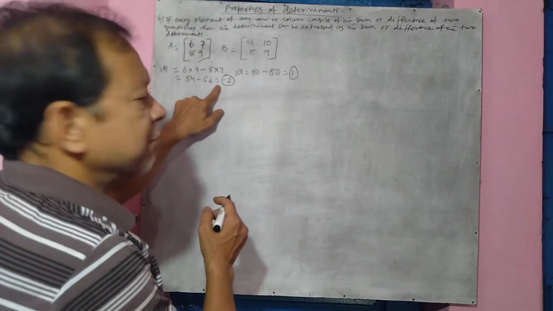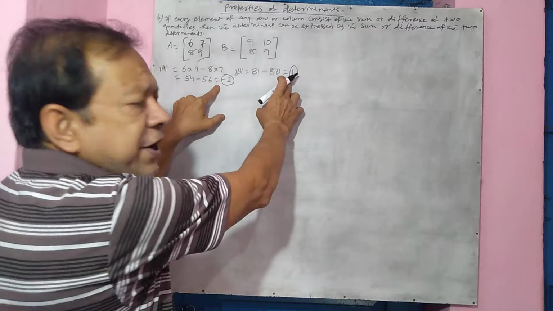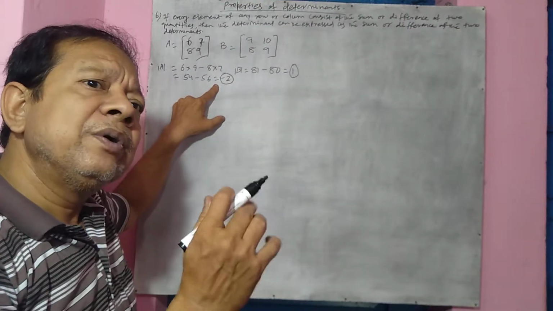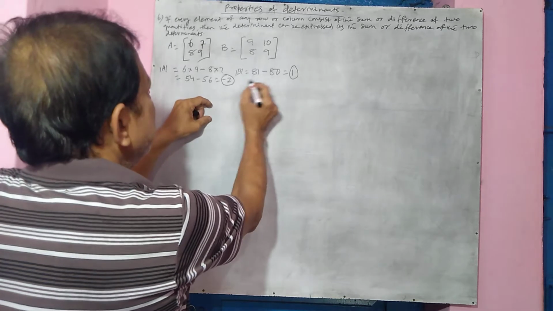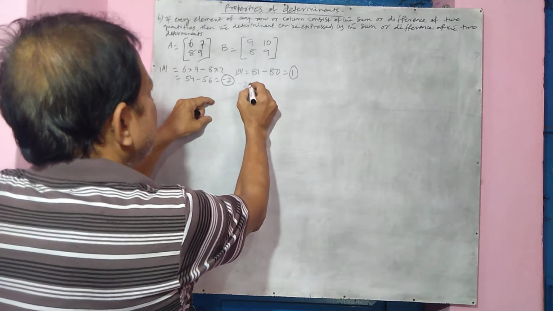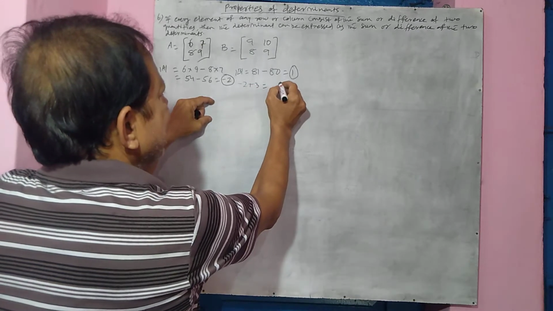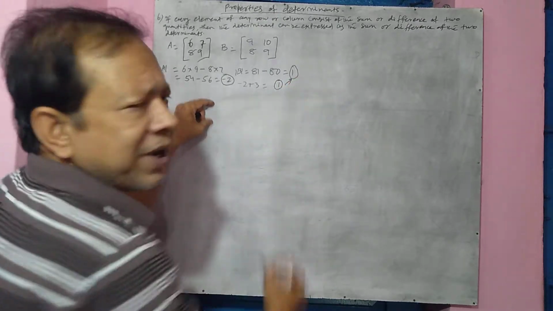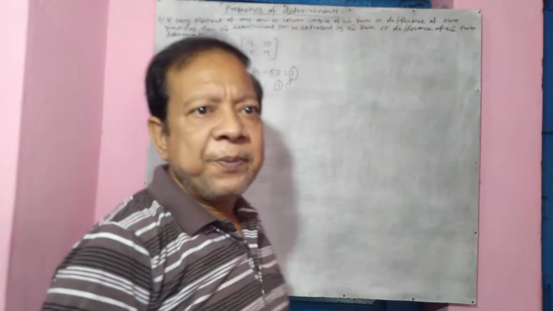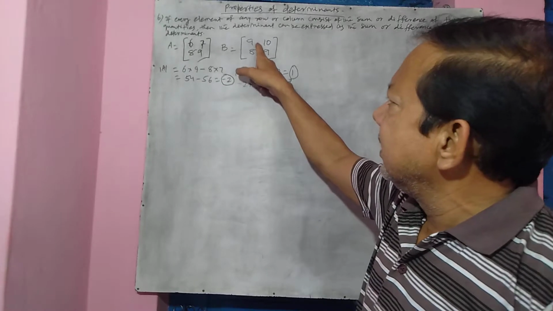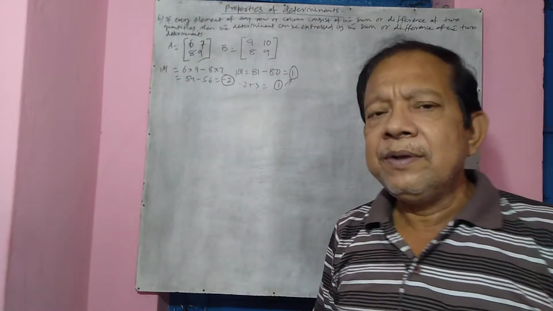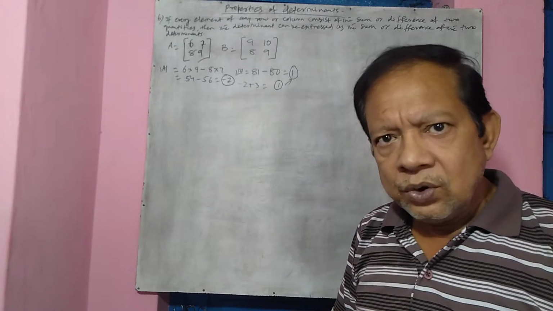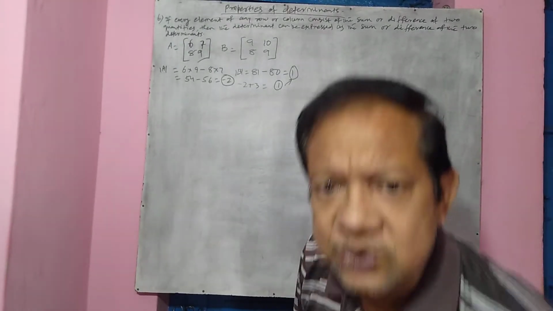The first determinant was minus 2, so the second determinant is minus 2 plus 3, that is 1. Because we added 3 here, the determinant of the second matrix is also increased by 3. So this is the sixth one.